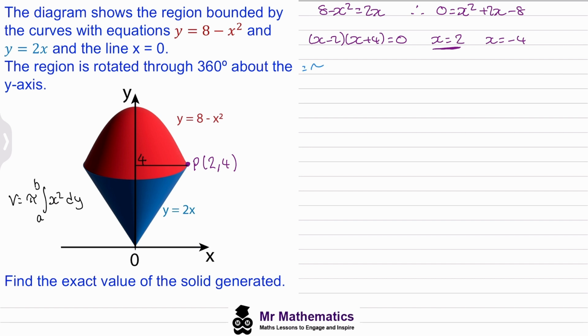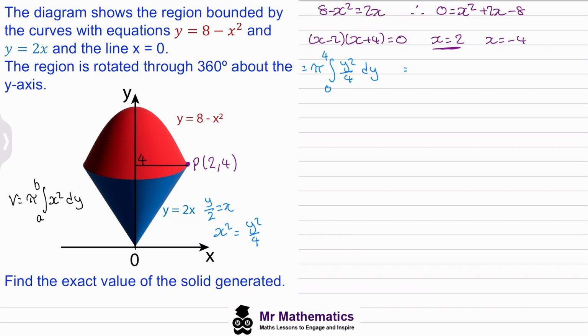this will be pi multiplied by the integral between 0 and 4 of x squared. But what we've been given is the equation in terms of y. So if we divide both sides by 2, we get y over 2 is equal to x. So x squared will be y squared over 4. We'll put this into our integral: y squared over 4 integrated with respect to y. We can move this quarter out in front of our integral.